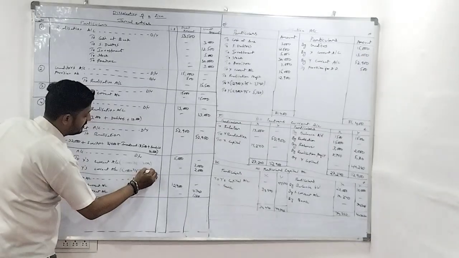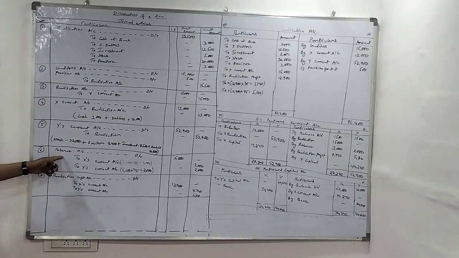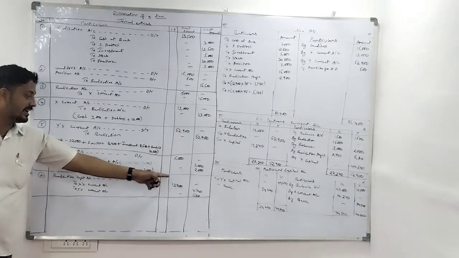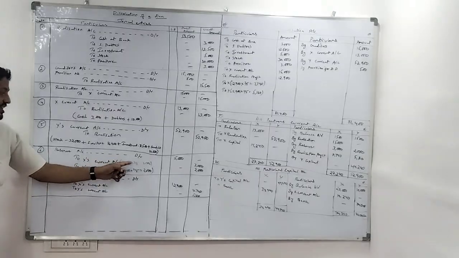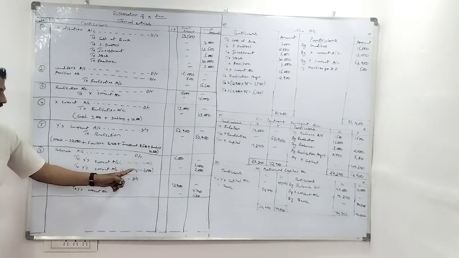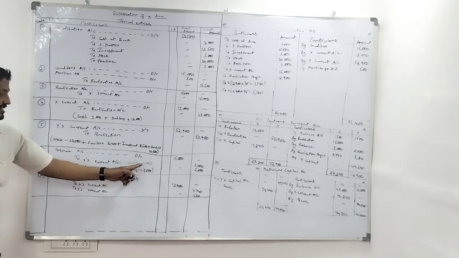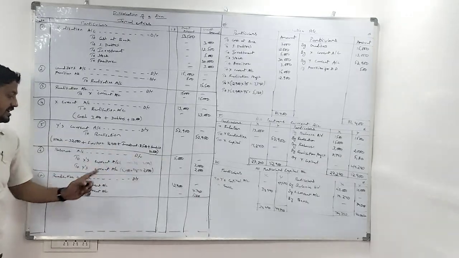The reserve fund is 5,000, and it is going to be distributed to both partners, X and Y. The sharing ratio is 3:2, where 3 plus 2 is equal to 5, so 3 by 5 and 2 by 5. 3 by 5 is 3,000 and 2 by 5 is 2,000. So it is distributed on the credit side.